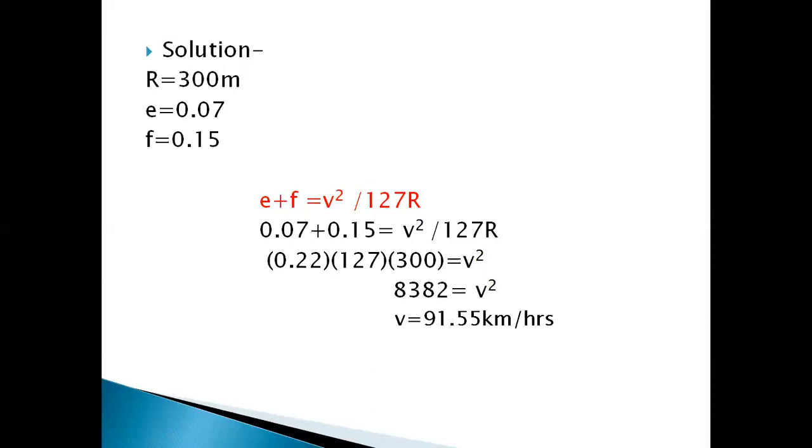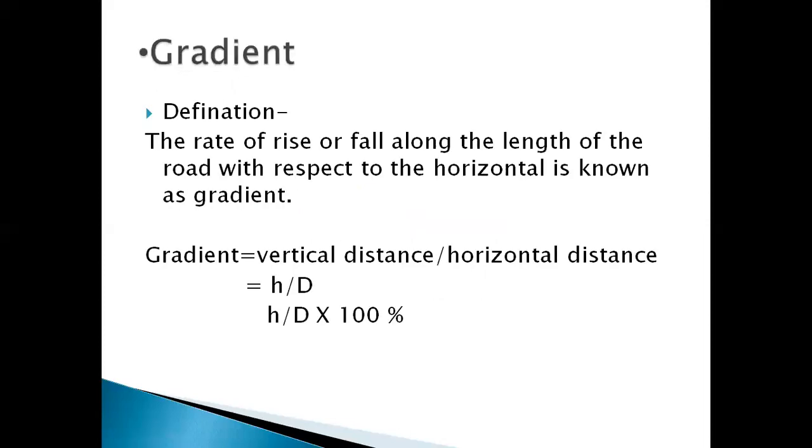Now, after design speed, the next geometric design parameter of highway is gradient. Now, see what a gradient is. The definition of gradient is the rate of rise or fall along the length of the road with respect to the horizontal.